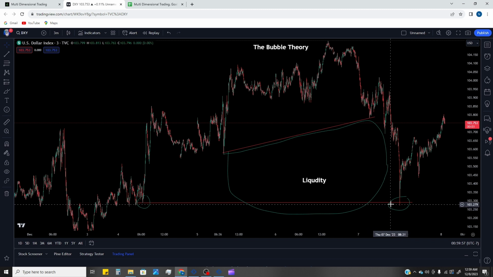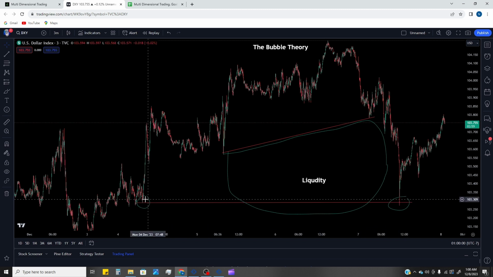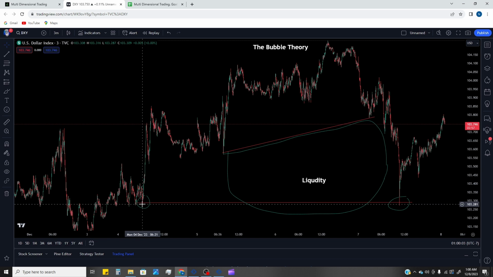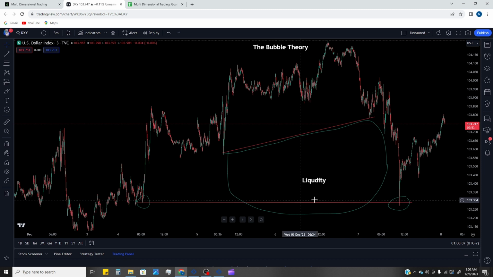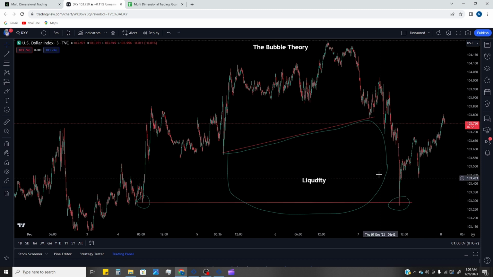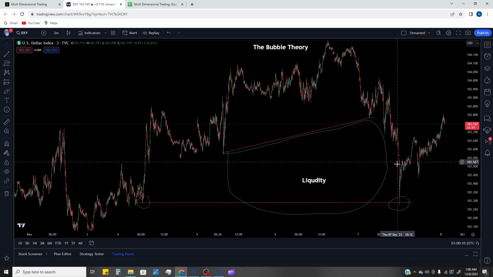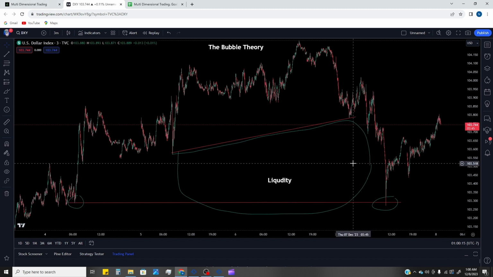The bottom of the bubble has us down here. The equal lows also put us down here. We know we took out liquidity, so we know these equal lows are strong. We went right into liquidity. We popped the bubble. And that is how the bubble theory works.